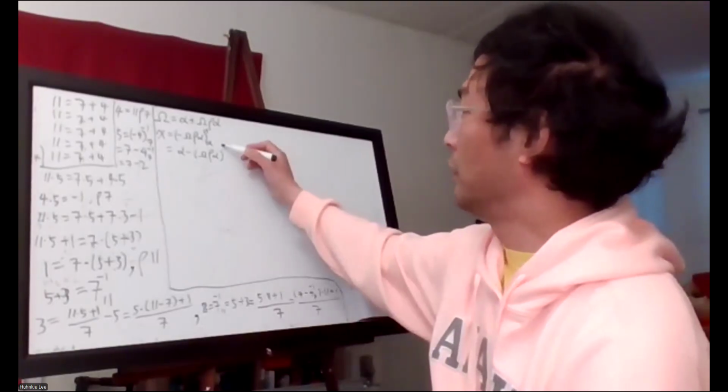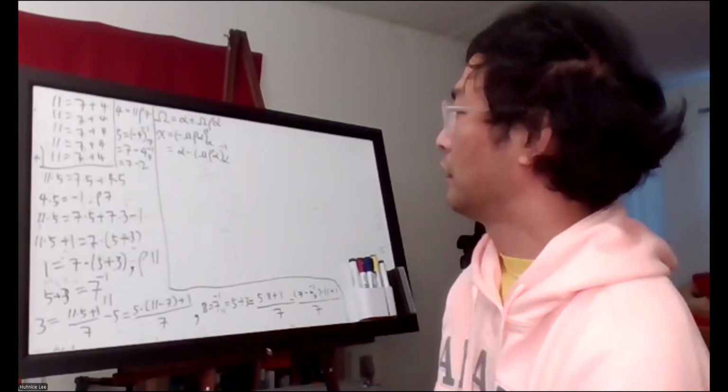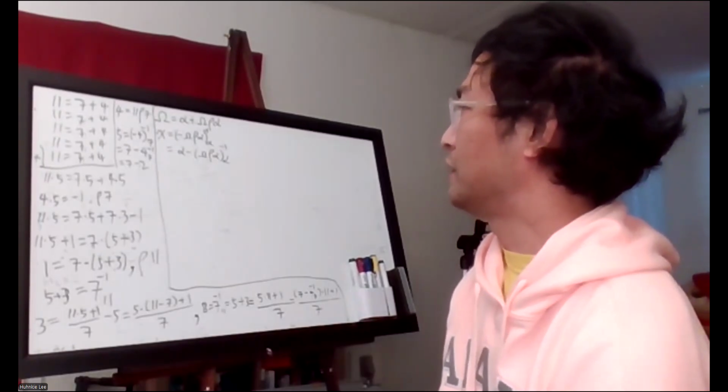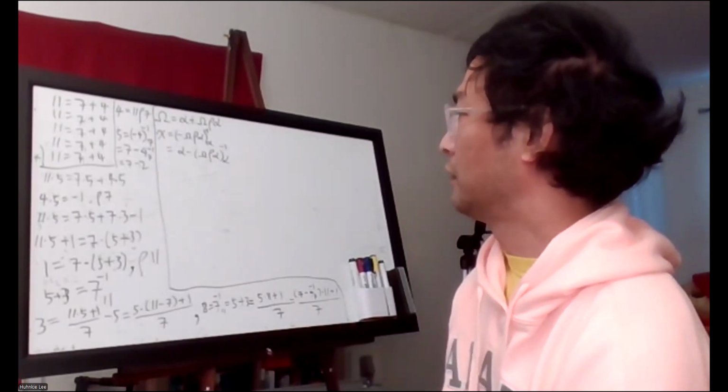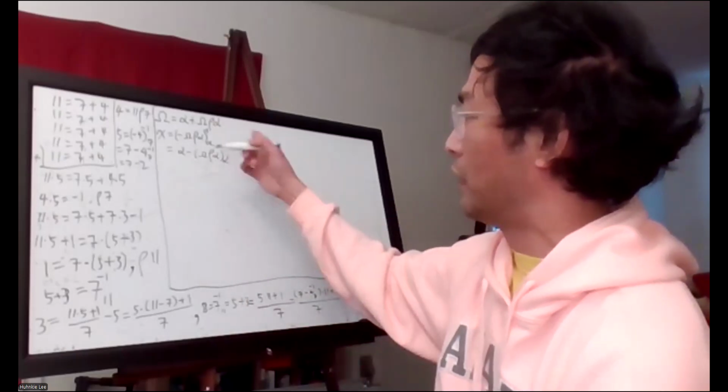That's four inverse alpha. Okay. That's what we need to multiply, on both sides.